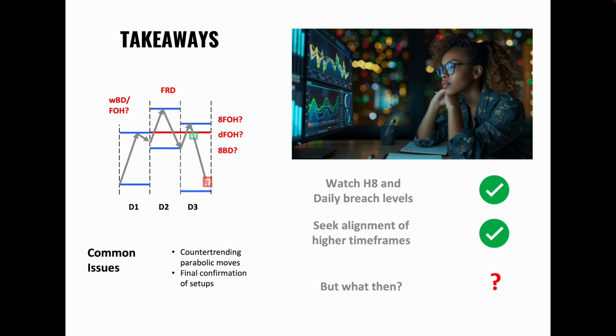Then let's look at the takeaways. So what were the key takeaways? Here is an example. First red day situation, weekly breakdown, maybe fake out high, day 1, day 2, day 3, first red day, pulling back down, then retesting, reclaiming this a bit, then losing the level and giving the short setup. What are the common issues here?